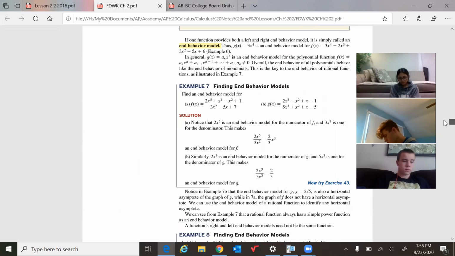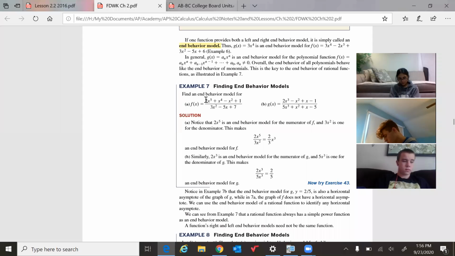And that comes up in example 7. Ready? Here's example 7. Look at A. Find the end behavior model for this thing. All right, first thing is, make sure it's in standard form. Make sure the terms are decreasing. So in A, they are decreasing.